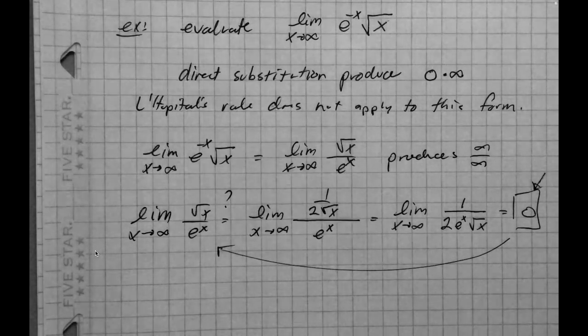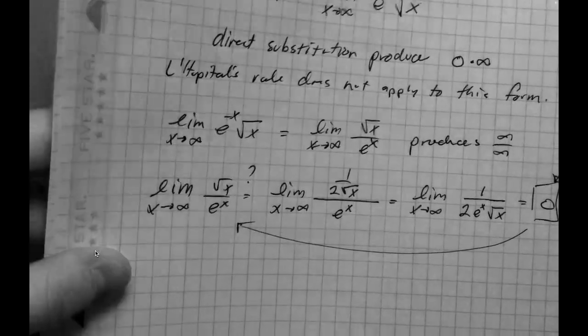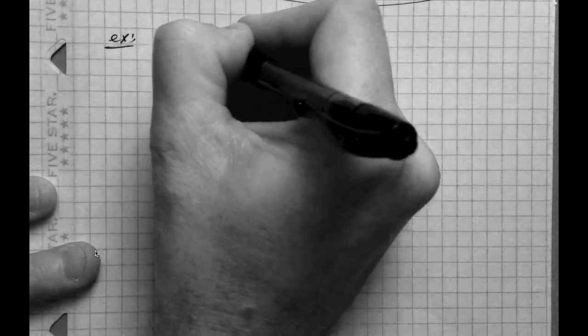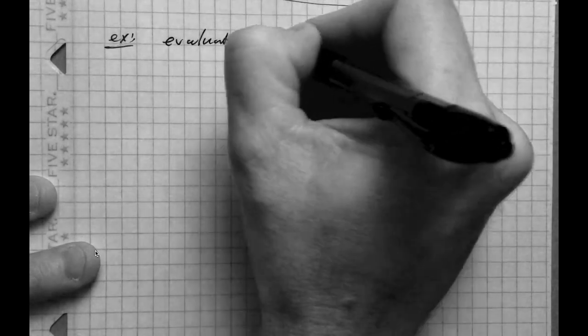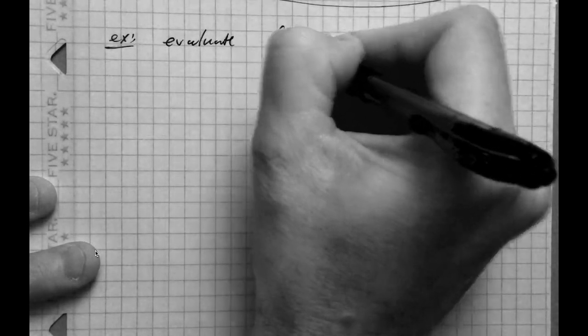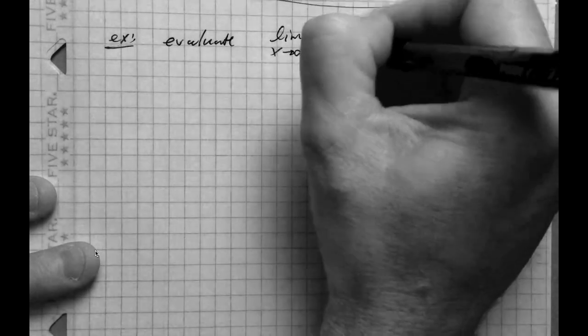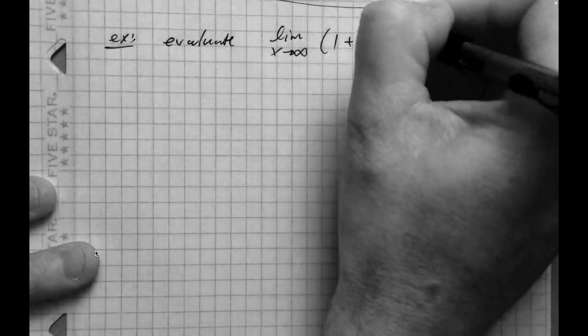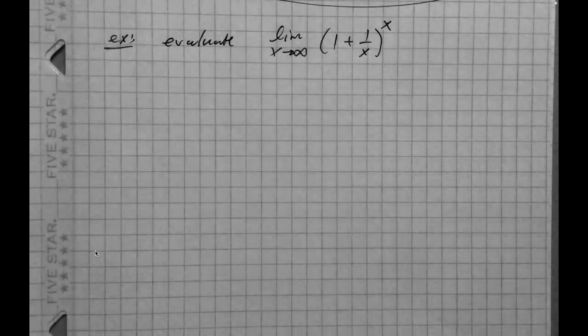Let's see. So let's do another example, something a little bit harder, something a little trickier that requires a little more trickery, right? So let's say we want to evaluate this limit: the limit as x goes to infinity of 1 plus 1 over x, raised to the x power.